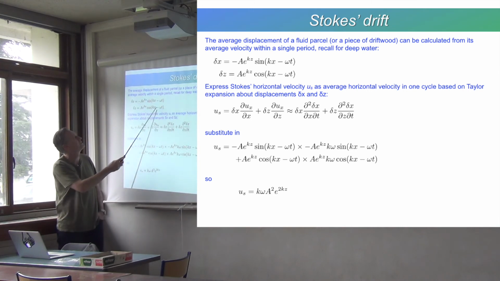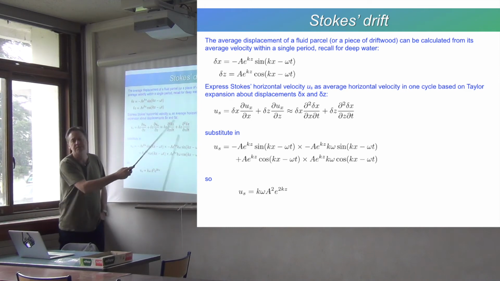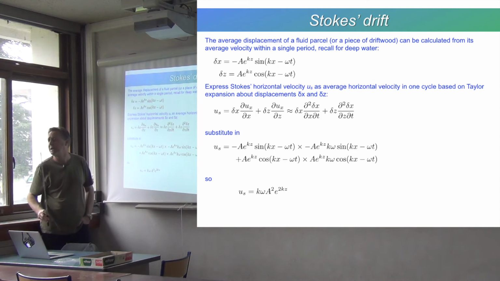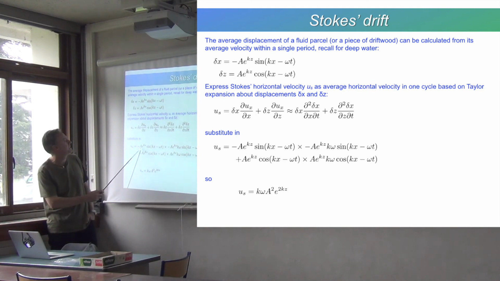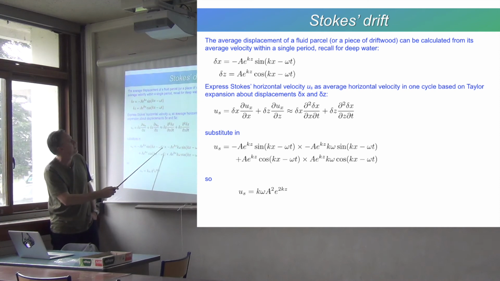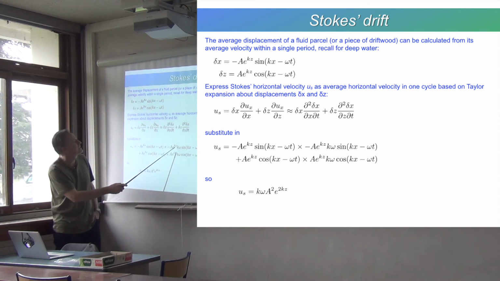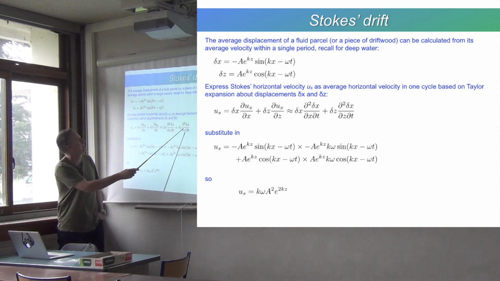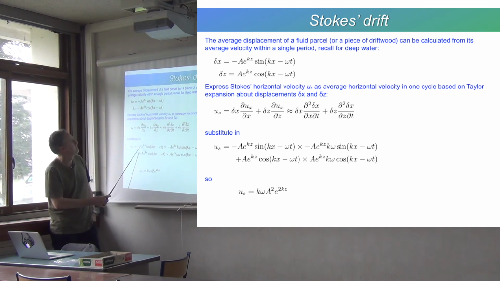If we do all that differentiation on these two expressions, what we get is something which is really quite clean. We have a e to the kz times sine of kx minus omega t, that's the delta x, times a e to the kz times k omega, because we're taking d/dz as well as d/dt.